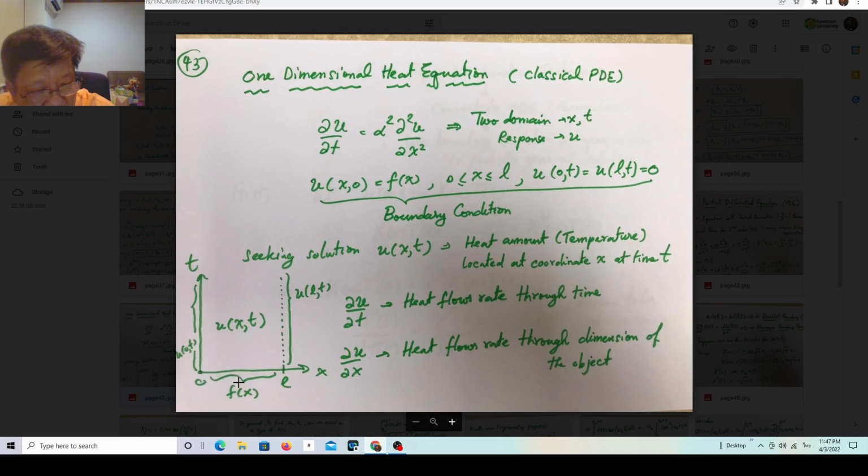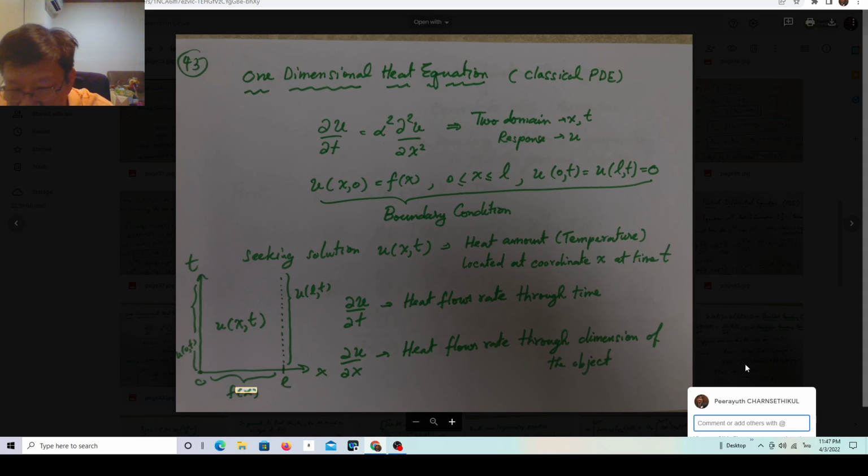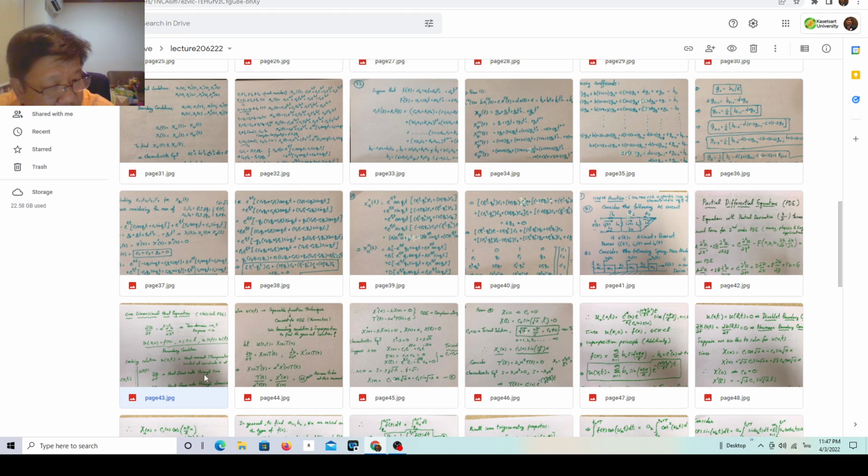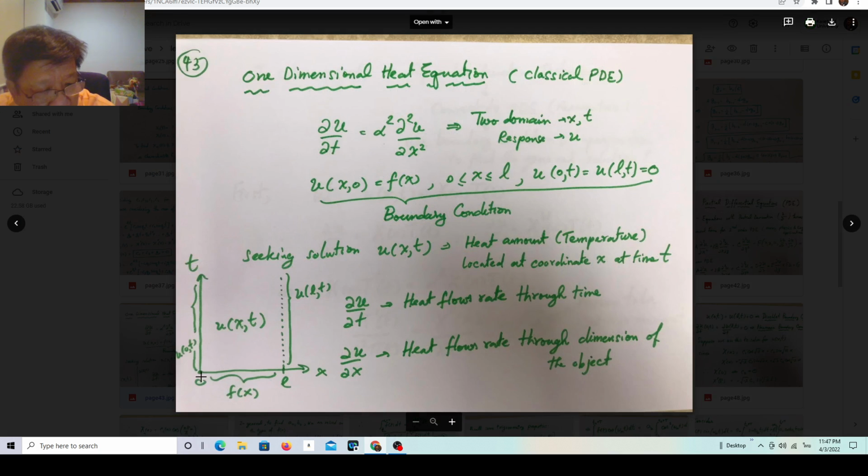In this case, f(x) is the initial temperature at time 0 at all coordinates of x. We start looking at this problem in a simple way: instead of looking at the whole object in three dimensions, we look at only one dimension, to simplify the problem.